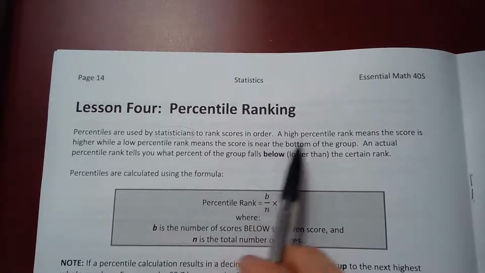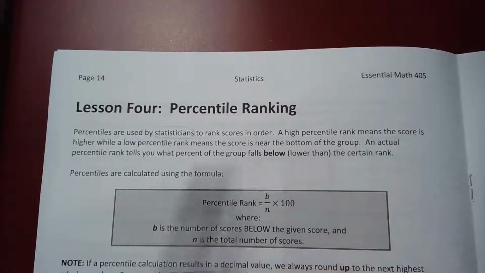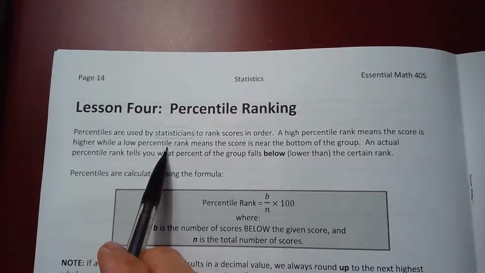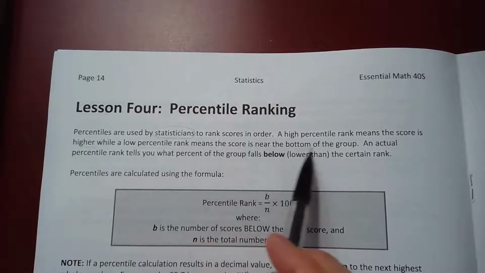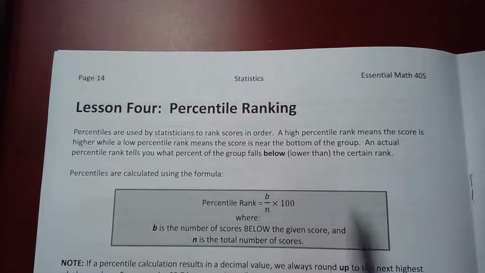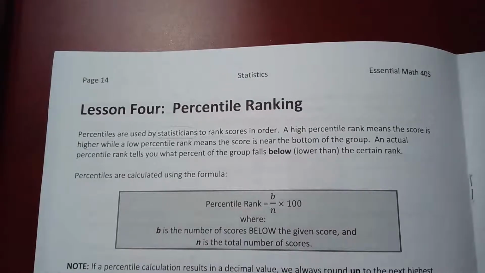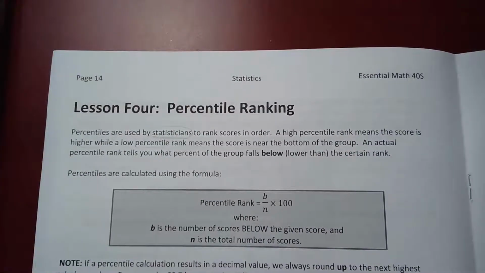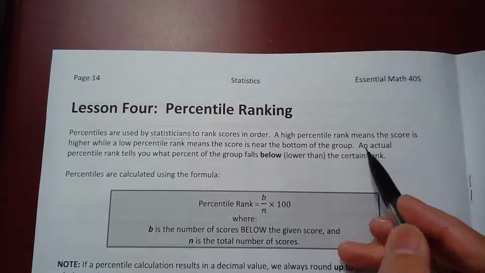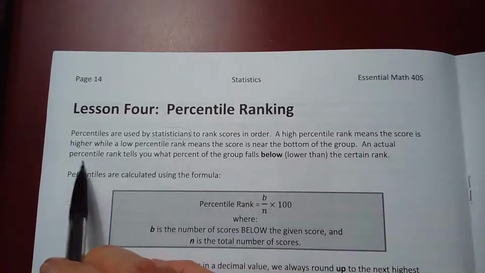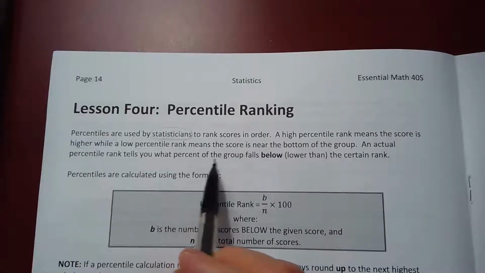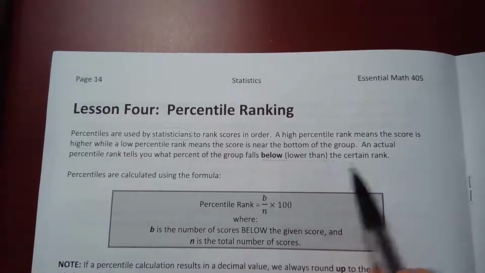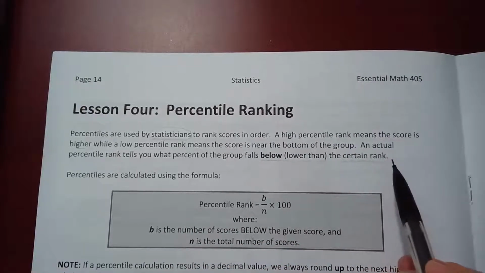A high percentile rank means the score is higher, while a low percentile rank means the score is near the bottom of the group. So when we have a group of data, we can either rank it as high or rank it as low. An actual percentile tells you what percent of the group falls below a certain rank.